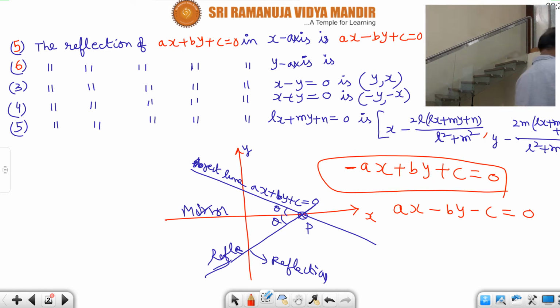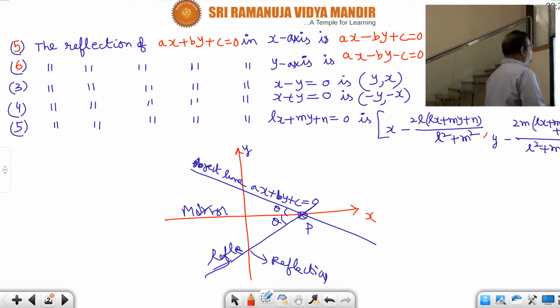But remember that in this method, only the point we have to substitute. So, ax minus by minus c is equal to 0. After writing these two formulas, I am surprised. What is the surprise? Anybody surprised?